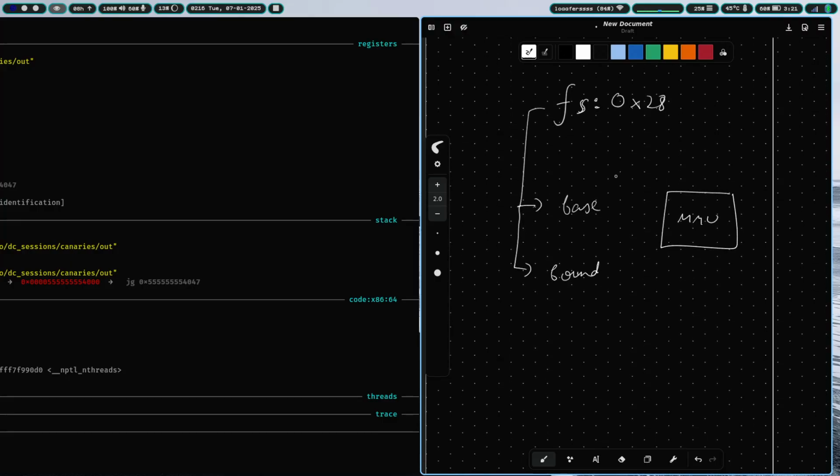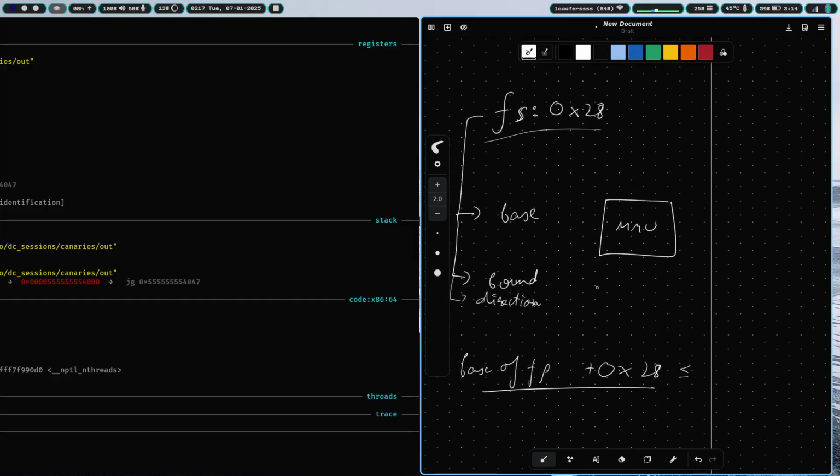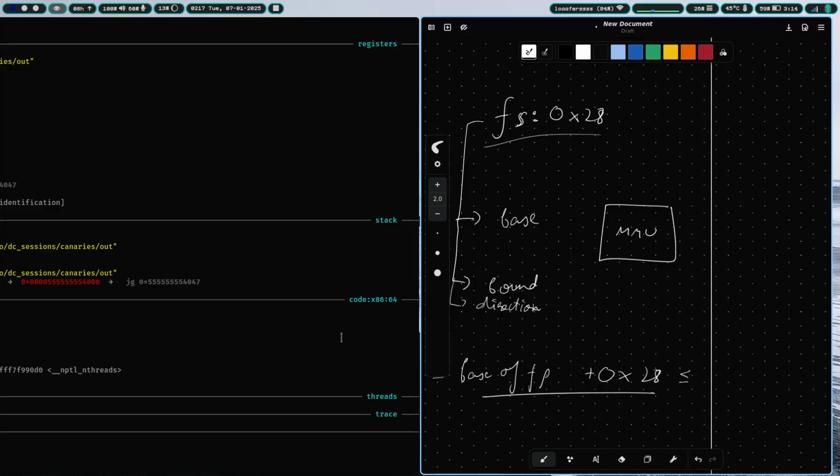So when we do this, what we basically do is base of FS plus 0x28, and then we also do a check simultaneously if it's within bounds or not. This also carried some sort of direction. Now this is heavily architecture specific, but there are architectures that did this.